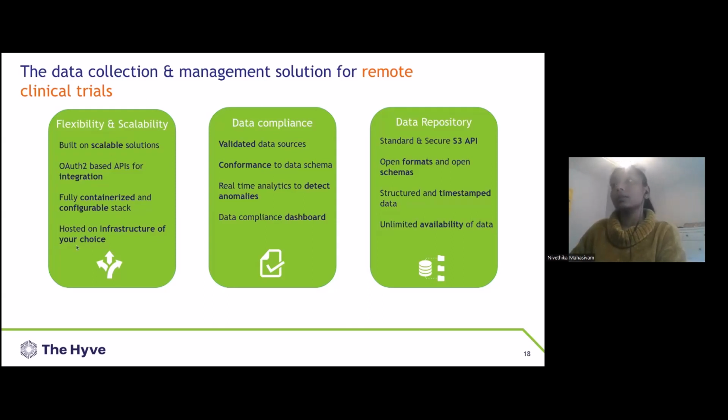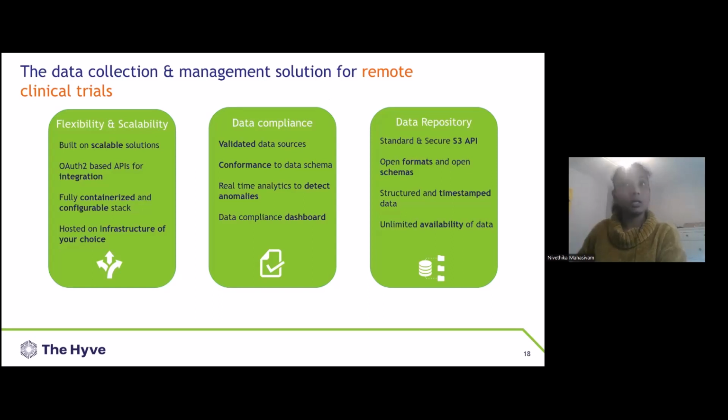Because in such cases, the ownership of the data is also really important, because different sites want to be the owners, and it's also important that particular data doesn't transfer from one country to another. And most of the researchers or study coordinators like to have this data located in their own premises or in an infrastructure where they have control. And the second one is data compliance. There are a lot of methods implemented to avoid data nonconformance.